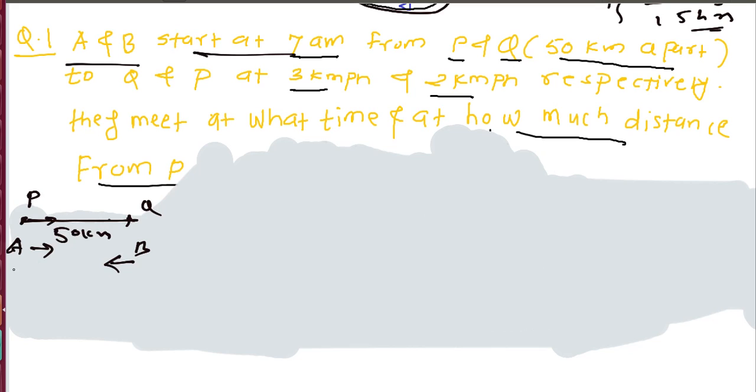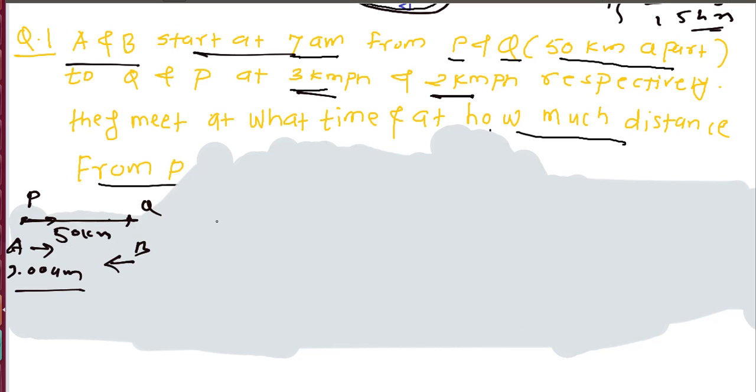So they are starting at 7 a.m. Now the speeds are given. Sorry, speed of A is 3 kilometers per hour. Speed of B is 2 kilometers per hour. So the relative speed will be the addition of the two speeds because they are traveling in the opposite direction, or towards each other.